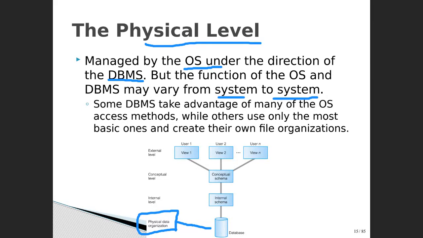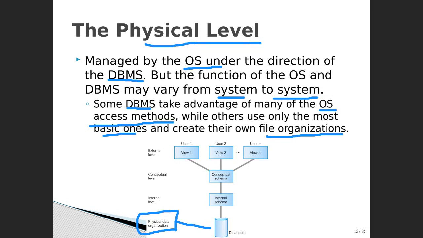For example, some database management systems use the operating system access methods, but others will use only basic ones, or their own specific access method, not the operating system's. It's not using all the operating system access methods to create or to store the file organizations. Okay, so this is the physical level.